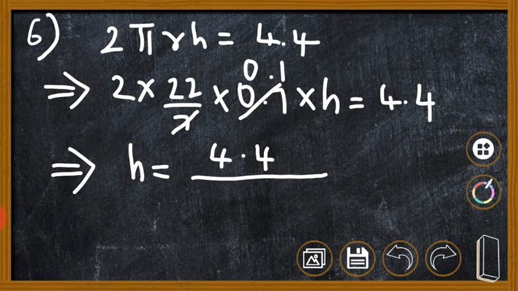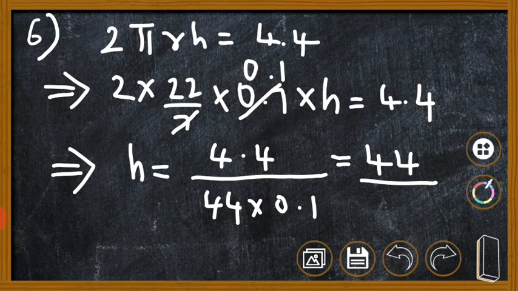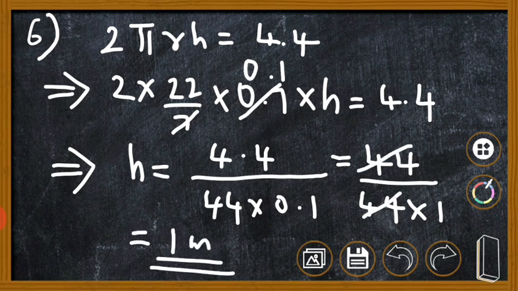What is that? 2 into 22, 44 into 0.1. It is same as 44 by 44 into 1. So what is the final answer? So h is equal to 1 meter. It's a direct question. Okay, so h is equal to 1 meter.